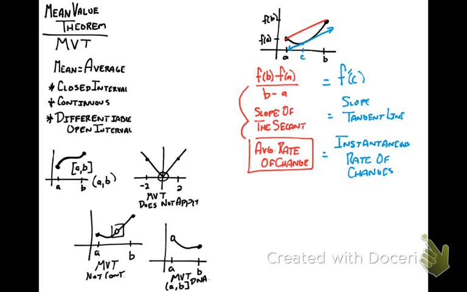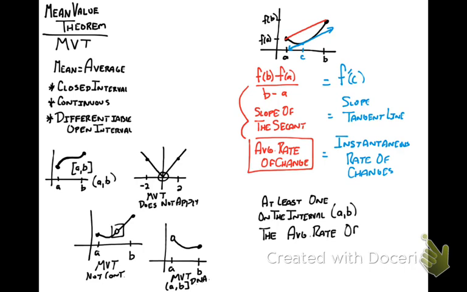So the mean value theorem says that under our given conditions, on a closed interval, where a function is continuous and differentiable on the open interval, there is at least one point, right, if those conditions are met, at least one point on the open interval, because that's where it's differentiable, a to b, the slope of the secant will equal the slope of the tangent, or, in terms of calculus, the average rate of change, which is the slope of the secant line, will equal the instantaneous rate of change.